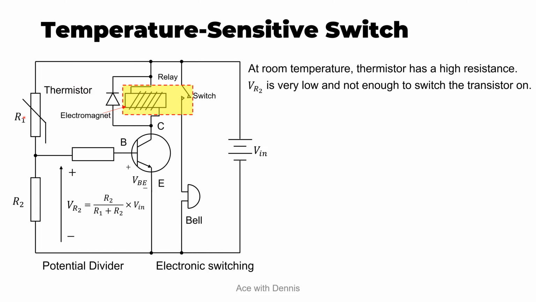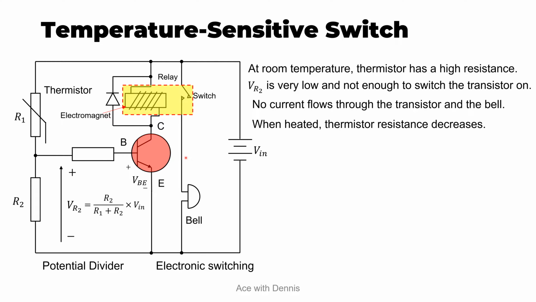So when R1 is high, VR2 will be low, very low and not enough to switch the transistor on. Remember, when VR2 is less than VBE, current will not flow into the transistor and turn it on. Hence the transistor is turned off and no current flows through the transistor and the bell.